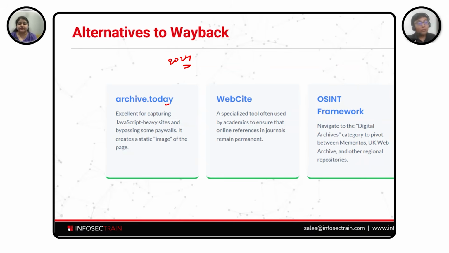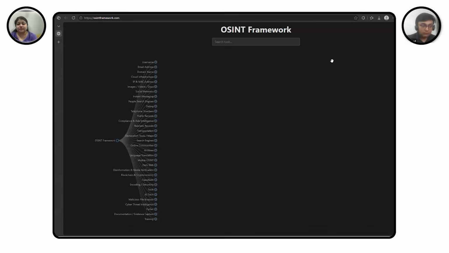Yes, Devyani. So we have one more framework, that is the OSINT framework, open source intelligence framework. And in this OSINT framework, if I go to the site, we can see all the free tools available, not only for archiving, but for finding usernames, finding the email addresses of the victim, the social networks of the victim, people search engines.